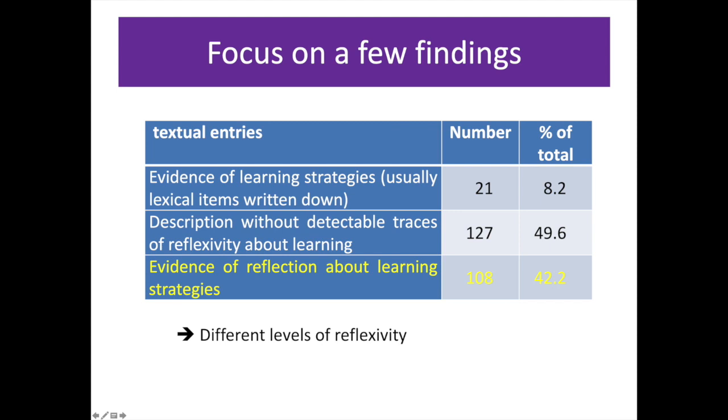If we look at textual entries, there was evidence of learning strategies, but usually it was only a few words, like relique, different words that they had encountered. Usually, what was really interesting is that there was the word and the picture of the word, so there was some kind of contextualization of the word.